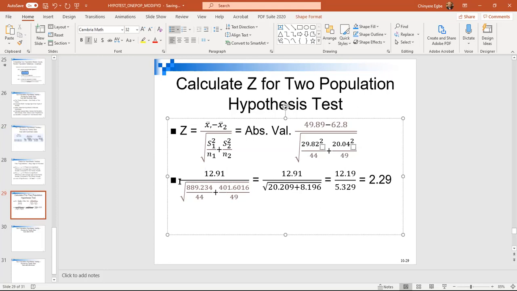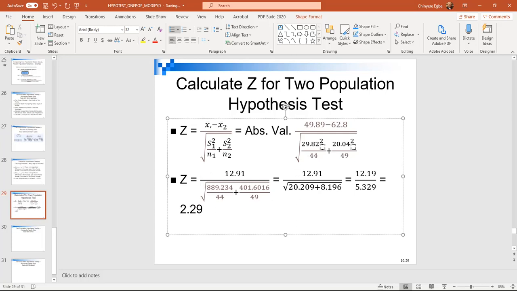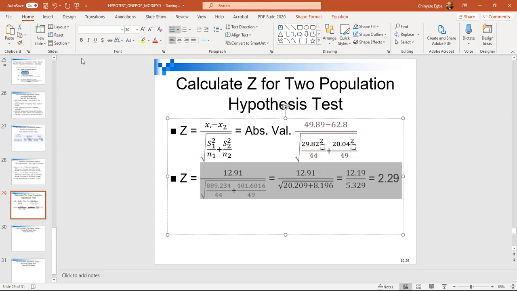Okay. So Z is equal to 2.29. So now we have to apply the decision rule.